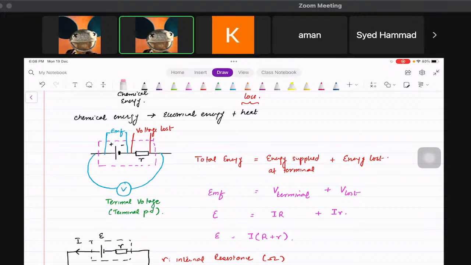And I, you guys already know, is the current, and E is the EMF, electromotive force, right? The total voltage. Any question, please let me know.